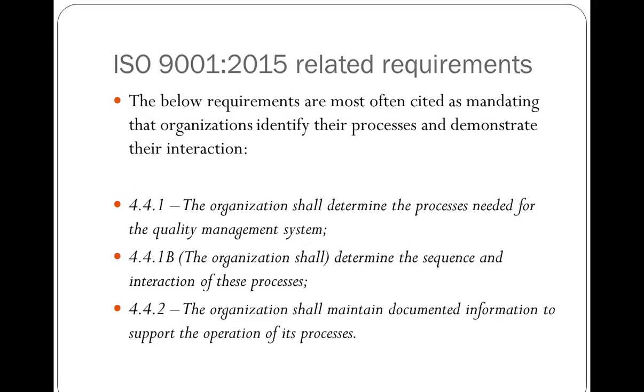And of course, that phrase is kind of the replacement for documents and so forth. To support the operation of its processes. We have been informed that part of the right way to interpret that clause is, again, having an interaction of processes that represents what your processes are and how they interact with each other.